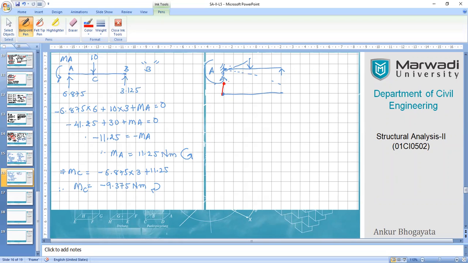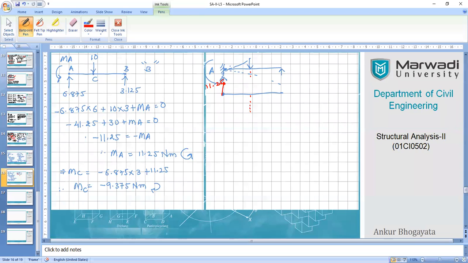This is my 11.25, right? And then when I come here just below this point load, I know that what is the value of MC? It is 9.375, but it is creating hogging moment, right? So hogging takes place over here.